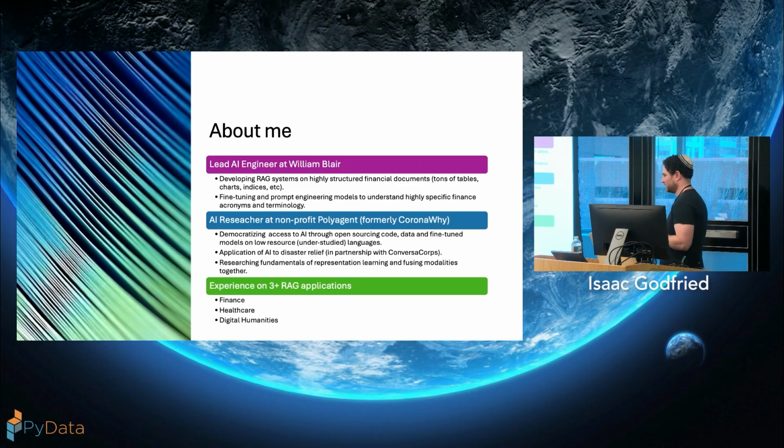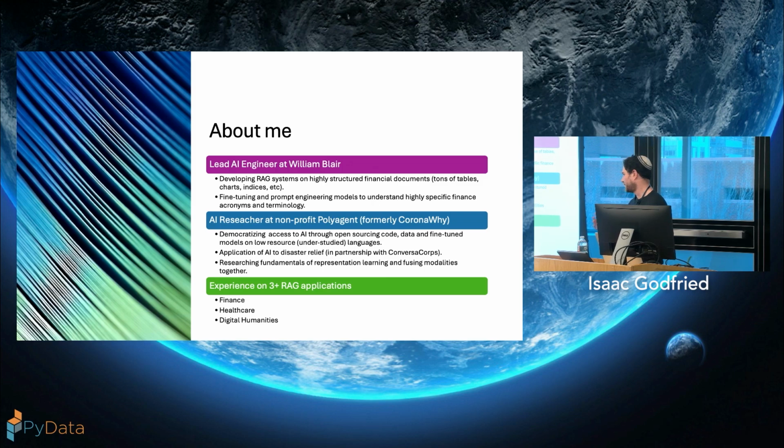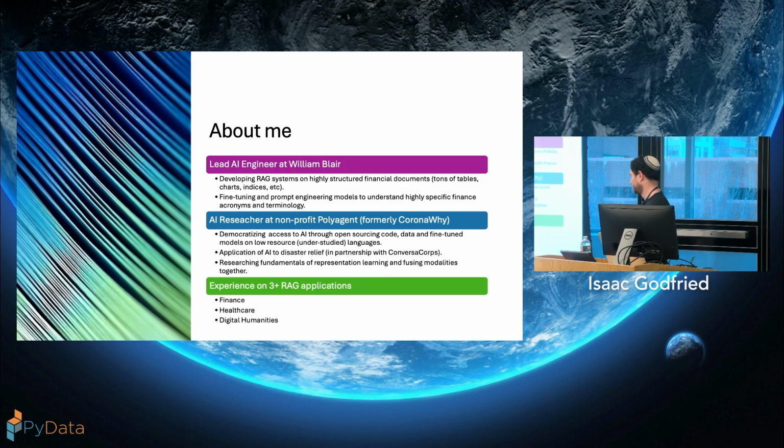I currently work as the lead AI engineer at William Blair. We're a finance company, mainly focused in investment management. So as you can imagine, we have a lot of documents that are very highly structured tables. A lot of the things I've discovered over the course of working there is that just using a single modality like text only does not really work, because it loses the whole structure of the table when you OCR it, and then it gets things like fund names confused and a bunch of other things just using pure text.